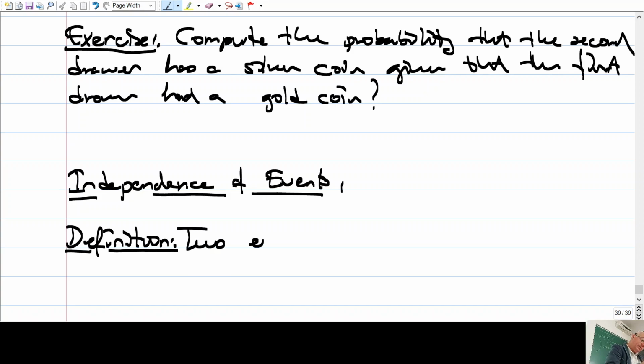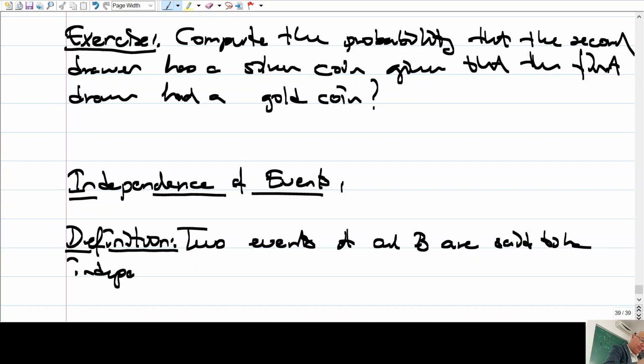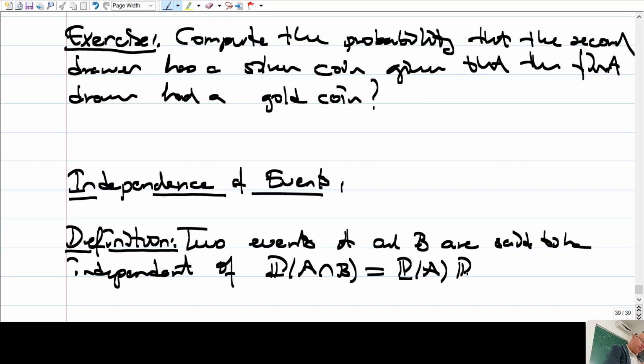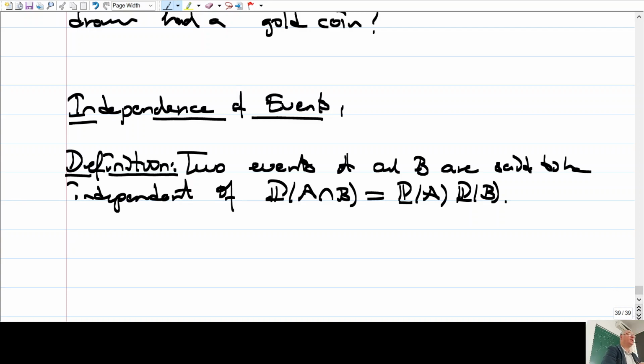Two events A and B are said to be independent if the probability of the intersection is the product of the probabilities.